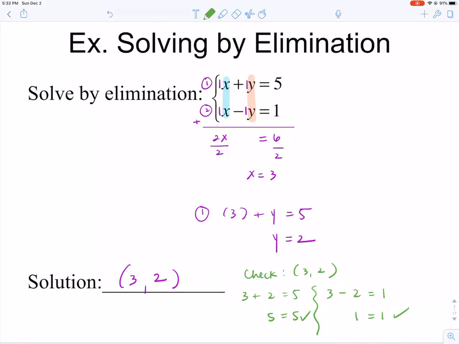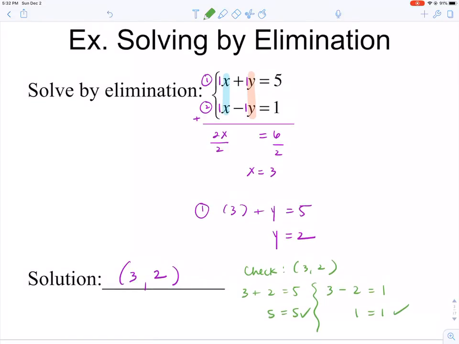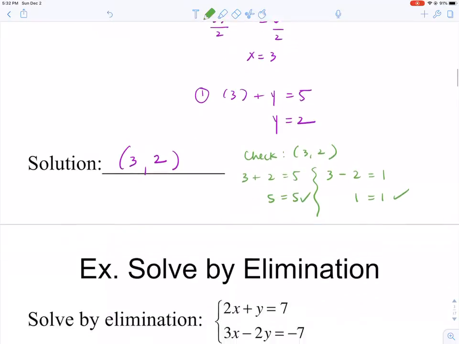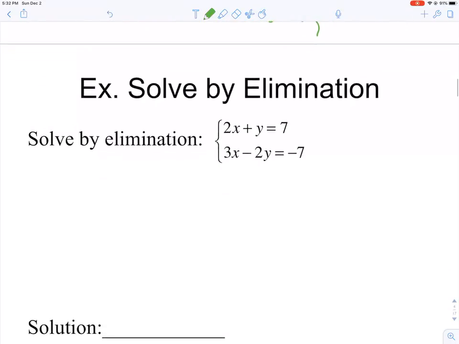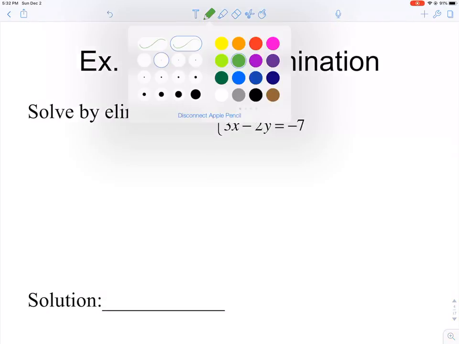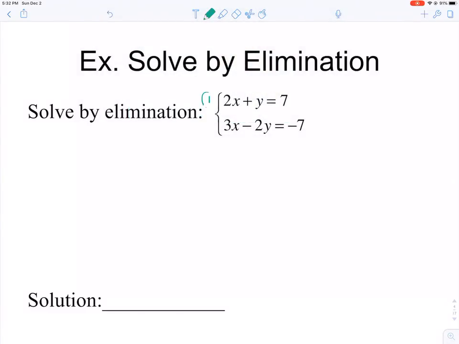Okay, so we did not have to use the multiplication property of equality in this example. Sometimes you will, sometimes you won't. All right, so let's look at this next example. Here, we'll use a different color. So I'm going to call this equation 1 and this equation 2.